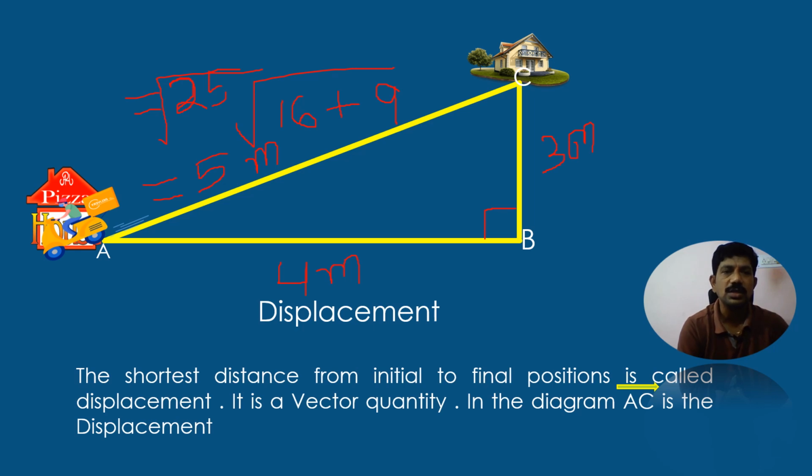The units are meters. Remember that the SI unit of distance is meters. For displacement also it is meters. But distance is a scalar, displacement is a vector.